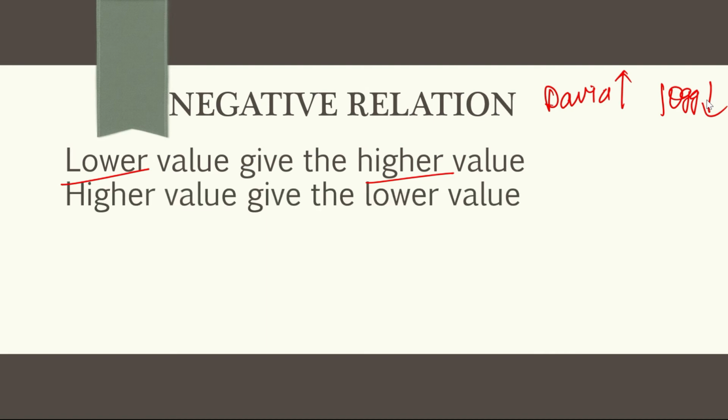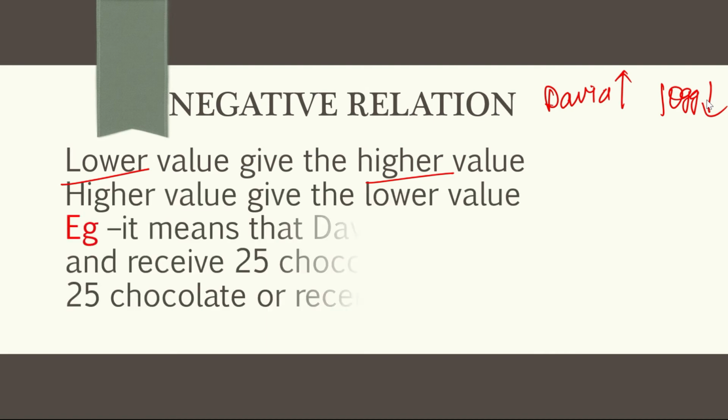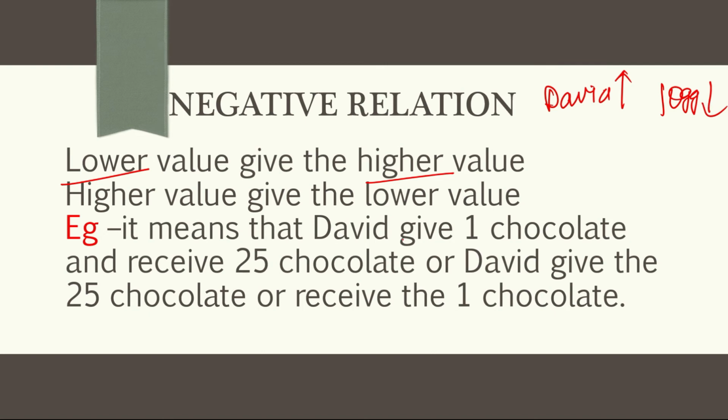A higher value gives a lower value. It means David gives 1 chocolate and receives 25 chocolates. In another case, David gives 25 chocolates and receives 1 chocolate. This kind of relationship is called a negative relation.